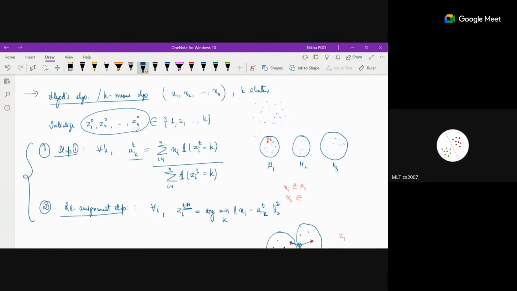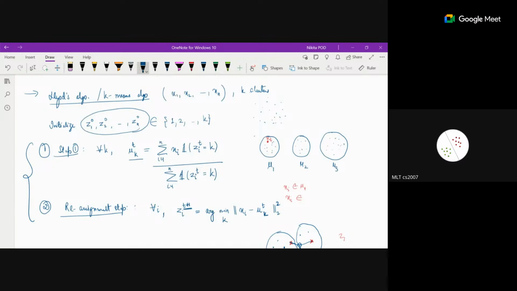So you compute the mean, and once you compute the mean, you check whether the distance of the data point from its mean is the smallest or not. If there are some data points which are closer to the mean of another cluster, then that point will be reassigned to that cluster. And when that happens, there is a rearrangement in the data set in different clusters.